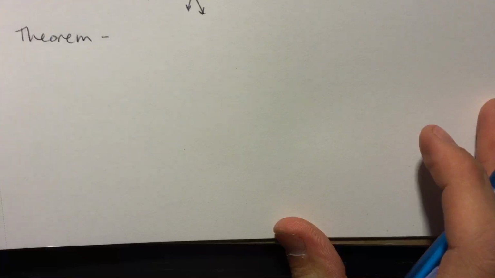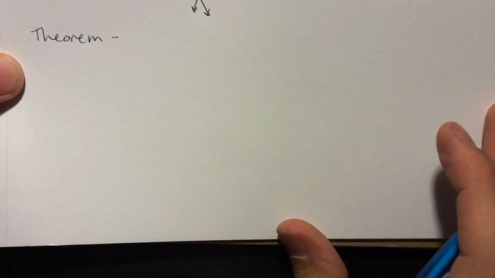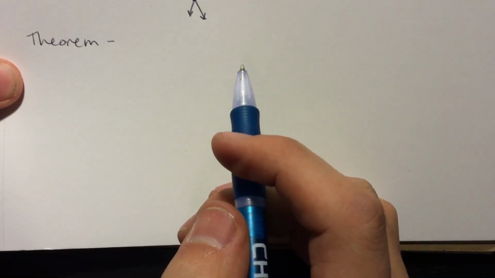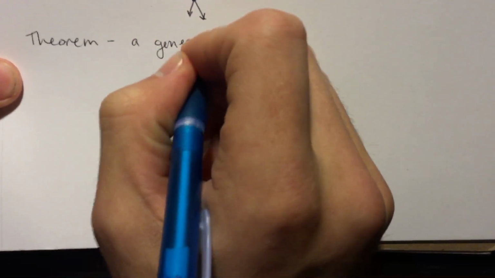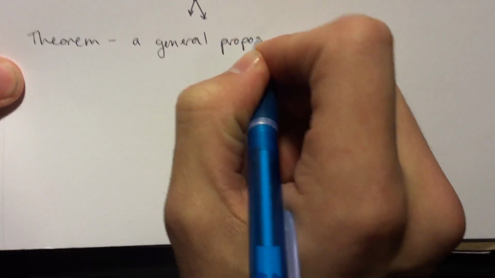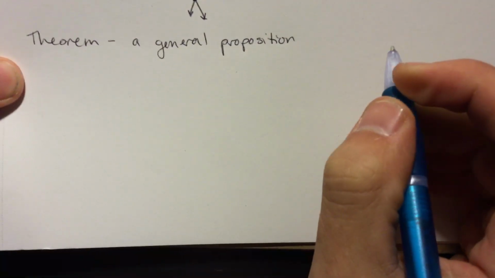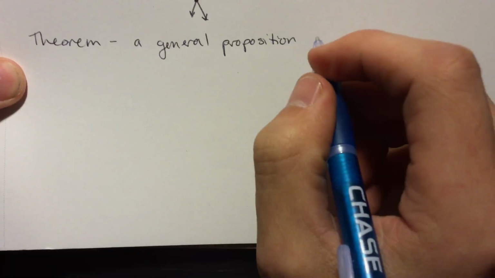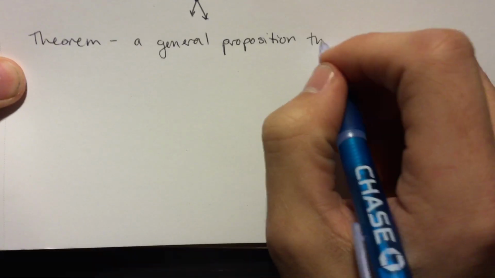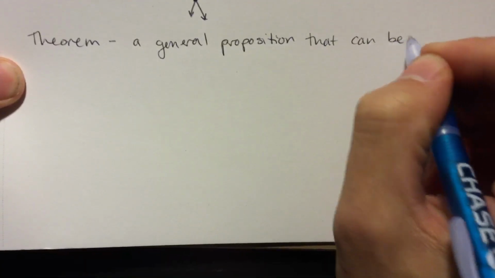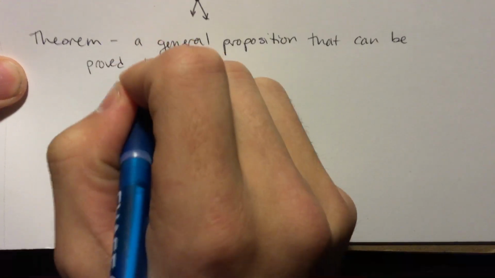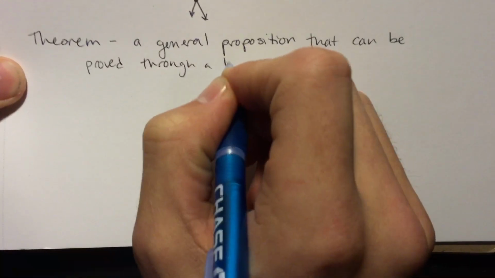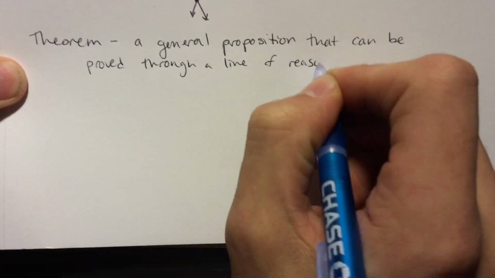So a theorem, okay, now this is a formal definition. I've been giving you kind of informal ones, but I want you to have the formal one for this. It is a general proposition that can be proved, or that has been proved, through a line of reasoning.